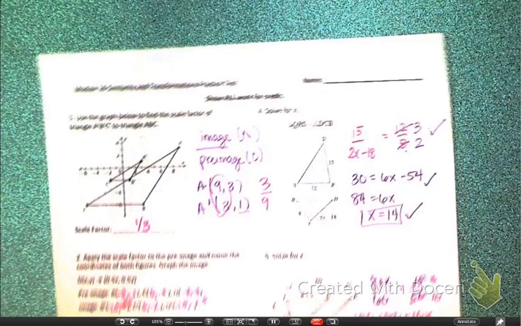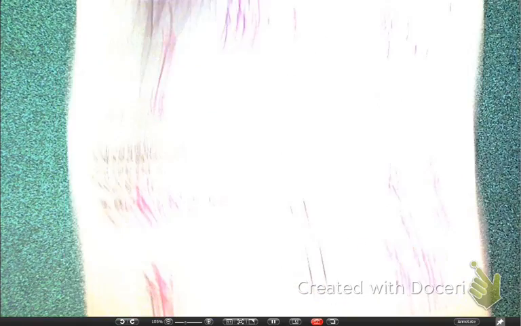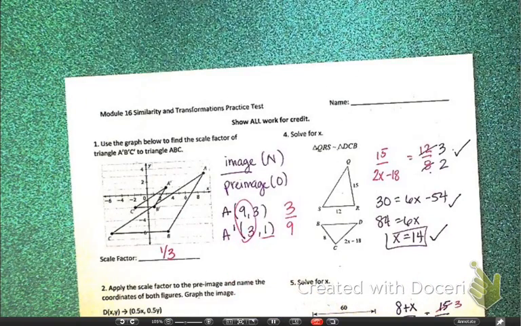You have a scale factor problem, so you need to be able to apply a scale factor. Remember that if it's greater than 1, your figure gets larger. If it's between 0 and 1, your figure gets smaller. You also have one, like number 1, where you need to find the scale factor. Remember, it is image over pre-image.